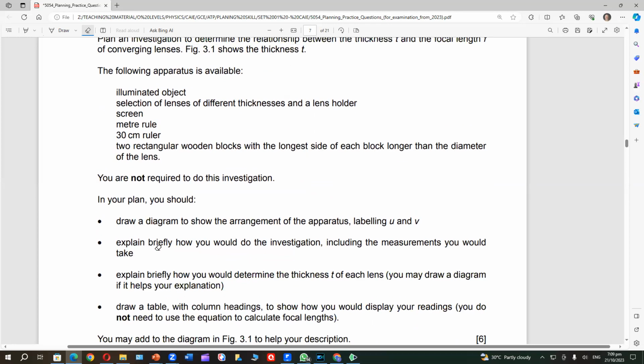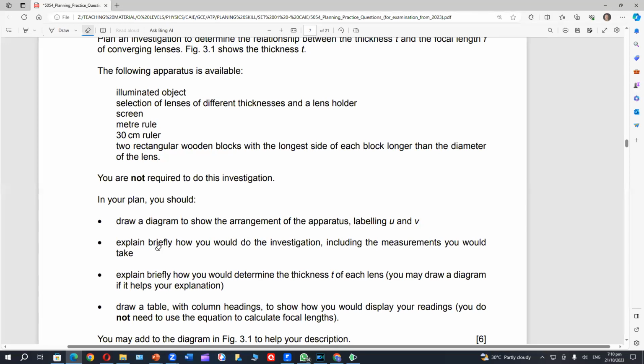Read the apparatus. You are not required to do this investigation.